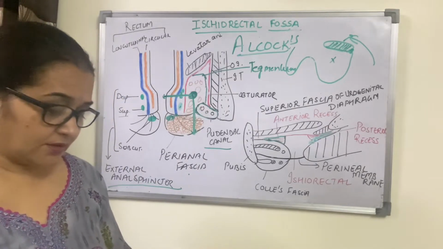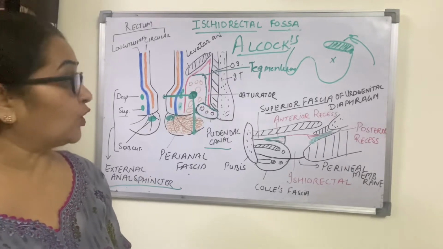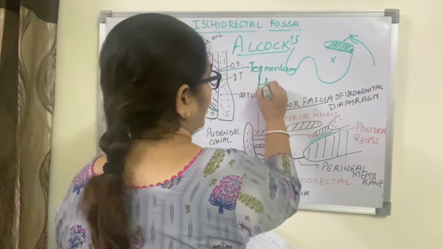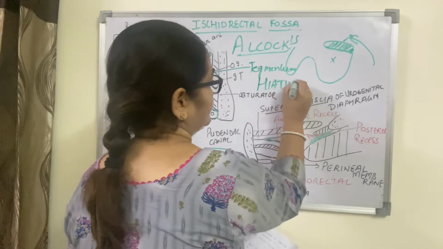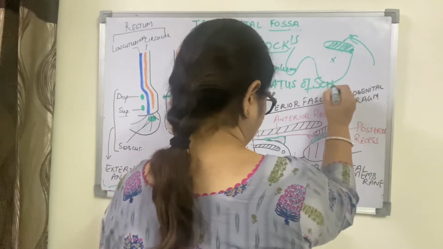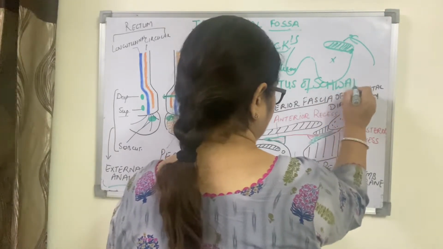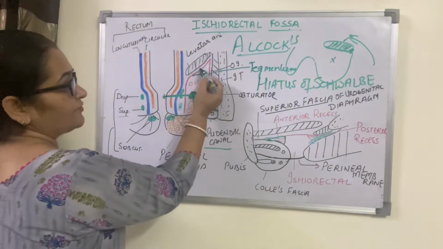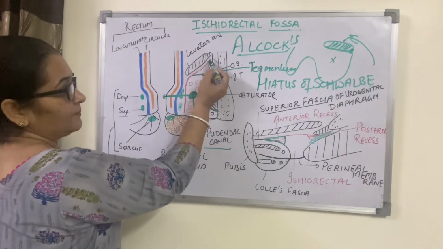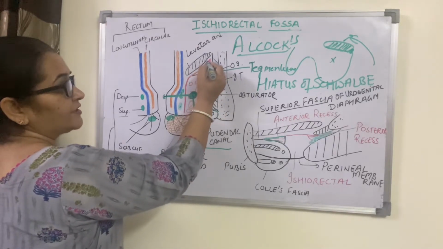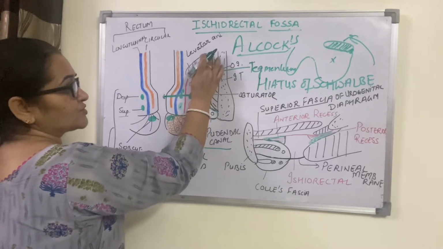Next is the hiatus of Schwab. Sometimes the fascia of obturator internus and the inferior layer, where they meet at the apical portion, are not fused.